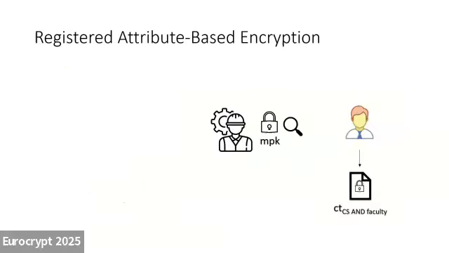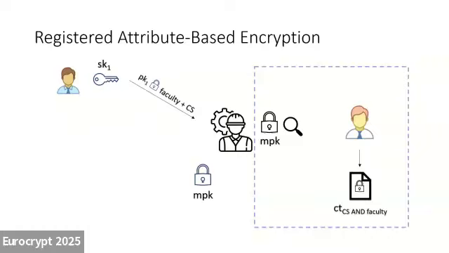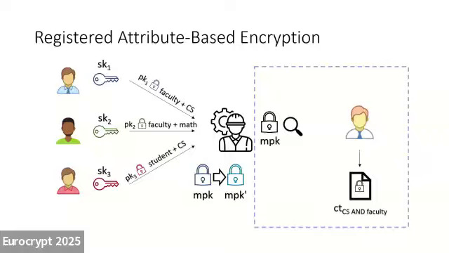And going a bit more into registered ABE, here the goal is to have the functionality for an encryptor be exactly the same as a regular ABE scheme, but the key curator's job is to take these public keys from individual users and use them to incrementally produce a master public key that can be updated as users come in.